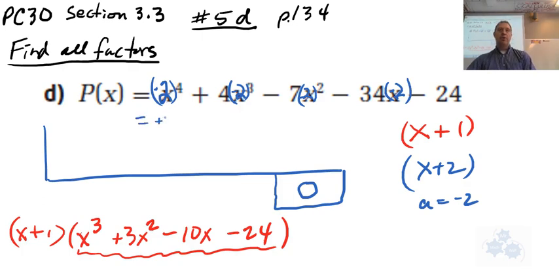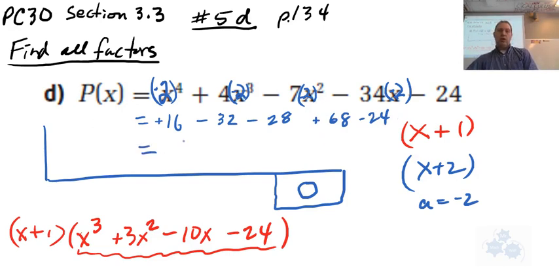It's going to be positive 16. This is negative 2 cubed, so that's negative 8 times 4 is negative 32. It's minus 7 times 4 is 28. That's 34 times negative 2, so that's plus 68 minus 24. Did I get that right?